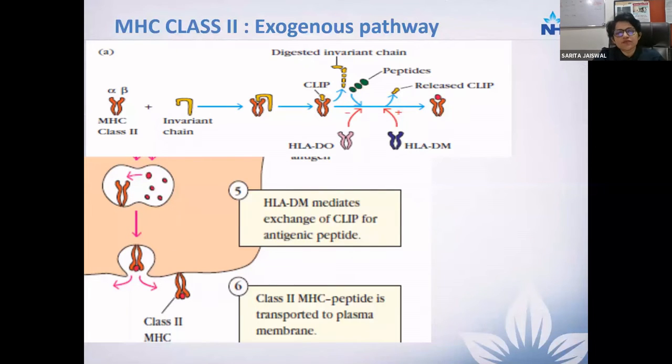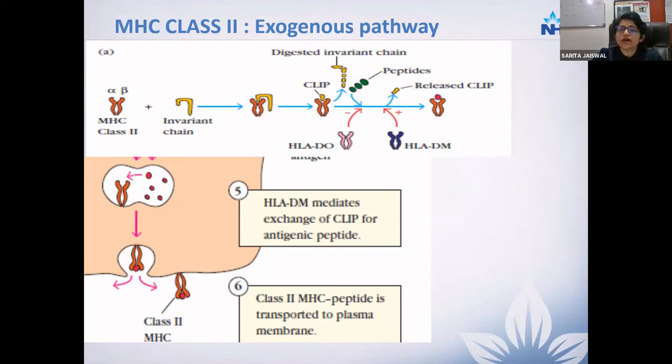Exogenous proteins from outside are phagocytosed inside the cell, and they have to combine with MHC. The newly formed MHC has its groove occupied by the invariant chain, and until it is digested it remains there in the form of CLIP.